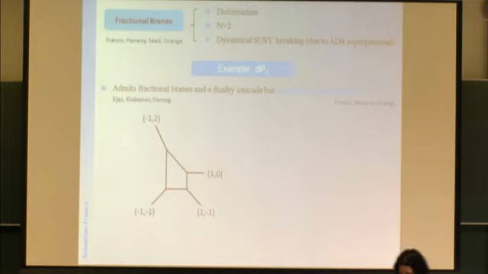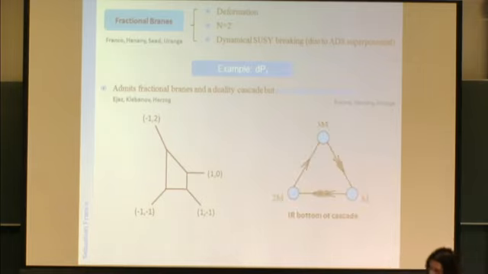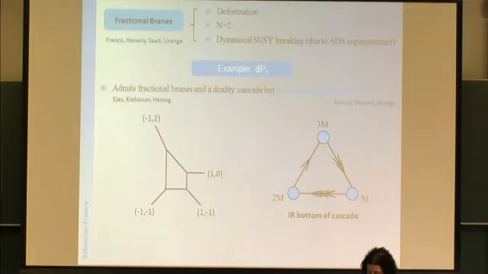But nevertheless, the PQ web looks like this, and you see that there's no possible way in which you are going to decompose this thing. This means really that there's no possible complex deformation here. And the gauge theory at the bottom looks like this gauge theory with some superpotential.